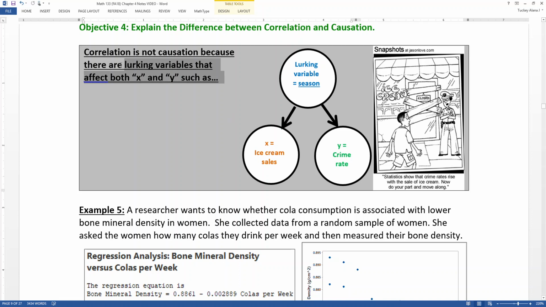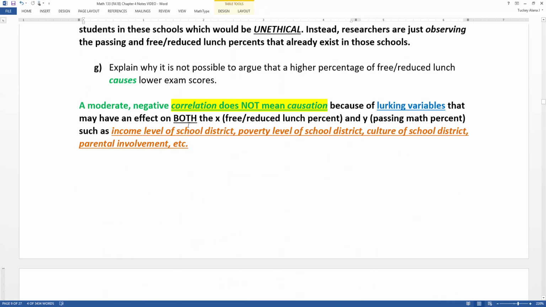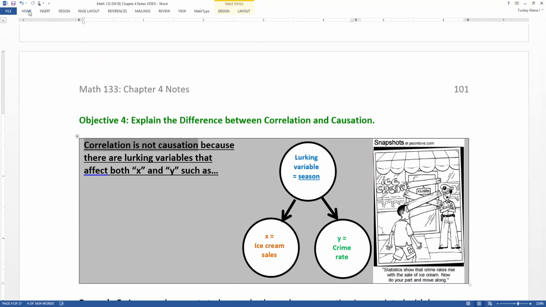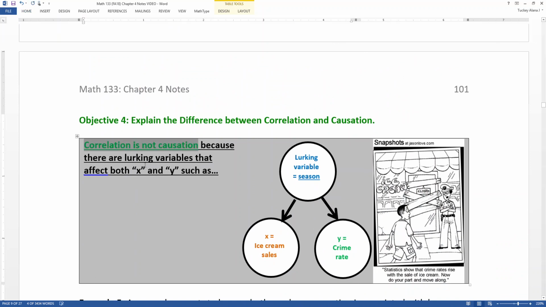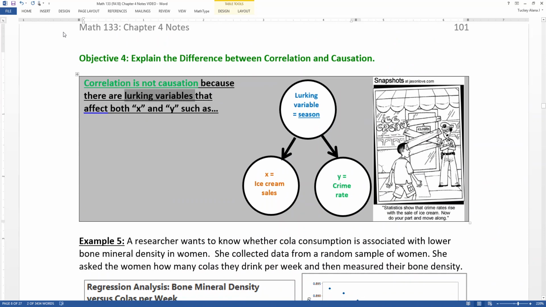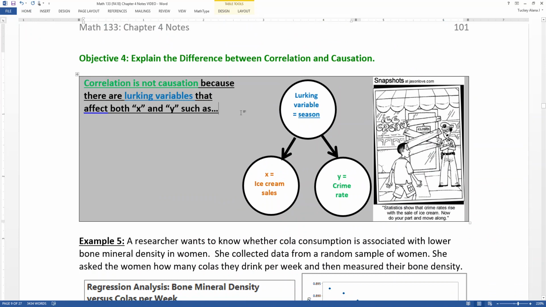So when you do these problems and you say correlation is not causation, that is not enough. You say that part, correlation is not causation, which I labeled green over here. Then you say because of lurking variables. So there's another point right there. But then you have to be able to come up with some.